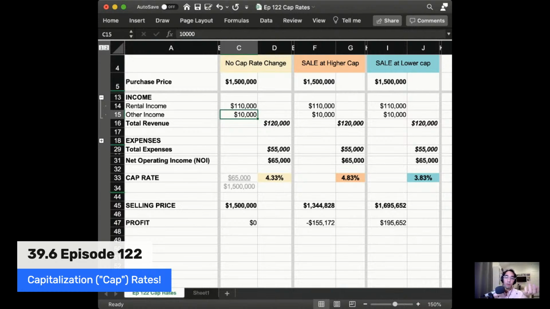Okay, so is that one a better purchase? I don't know. There's a lot more information. Okay, if you're just buying for yield, for the cash flow, then sure, it sounds like the 8% would be better, but not necessarily either, because when you look at those cap rates, those are market driven, right?